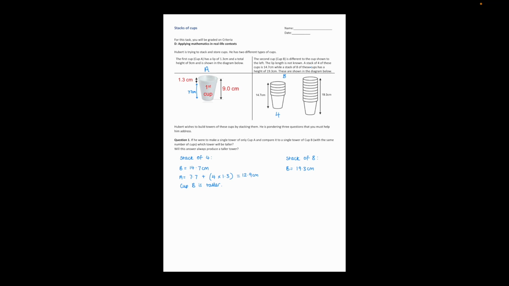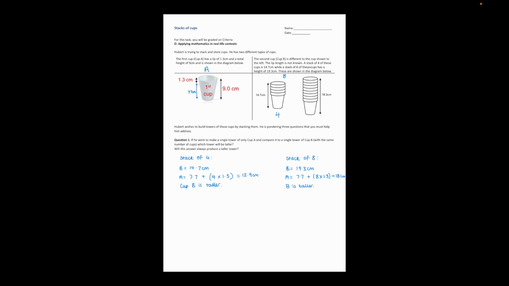This is criteria D. Now I'm going to compare that with cup A. Again I have the 7.7 for the base, and then 8 lots this time of the lip size, which is 1.3. So I type into my calculator 7.7 plus 8 times 1.3, and this time I have a stack size of 18.1 centimeters. And again, cup B is taller.